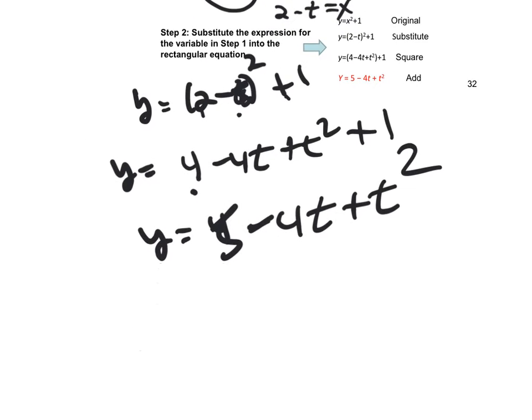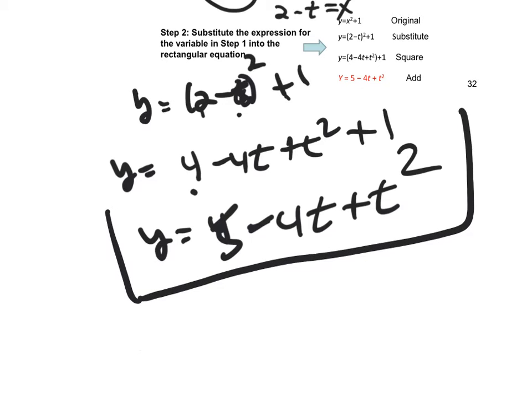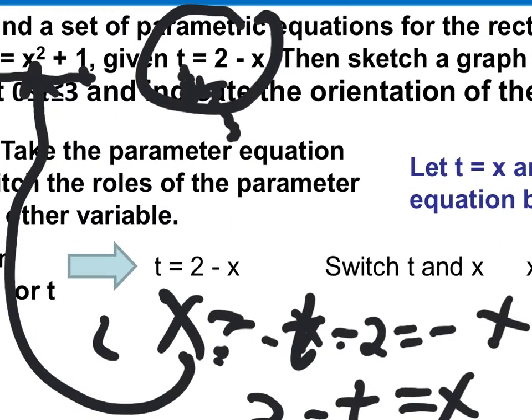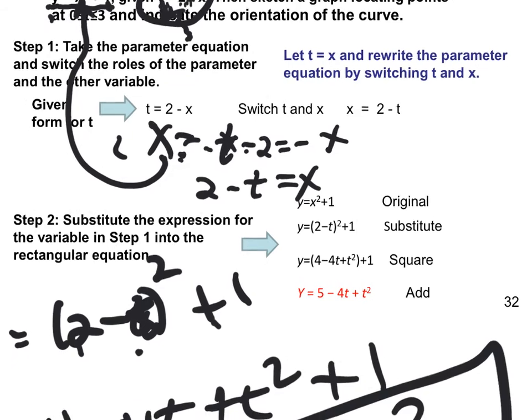Now, there's my parametric one thing that has y with t's in it. Where's the one with the x with t's in it? What do you mean? Well, you need 2 of them. Oh, yes. Can't you just take the one that he gave you and plug it in? Yeah, he said, let t equal 2 minus x, right?